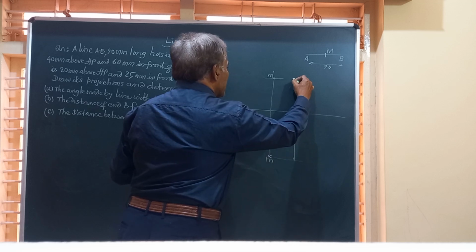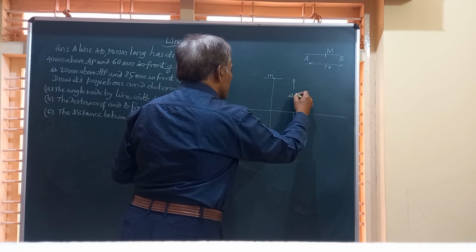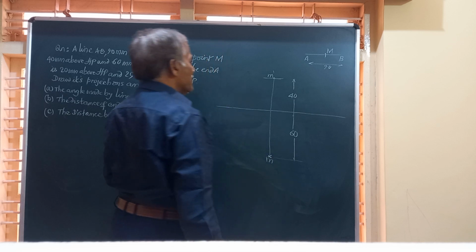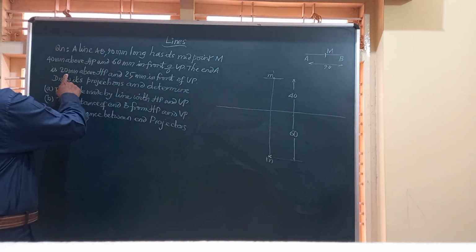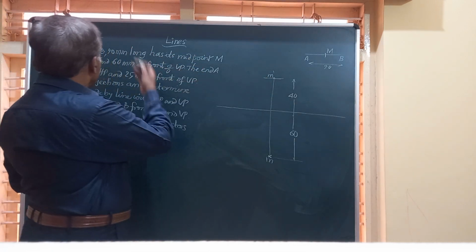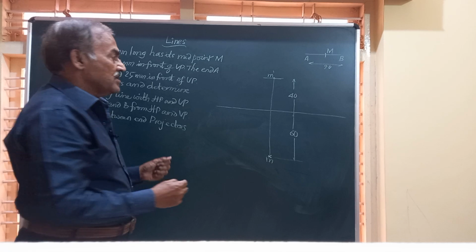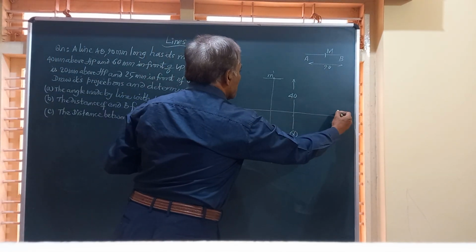So these points are given. So we have located the midpoint of the line in the front view and top view. Next friends, there is an end A of this line AB. This end A is 20 mm above HP. So this is 20 mm. So this is the XY line we have got here.